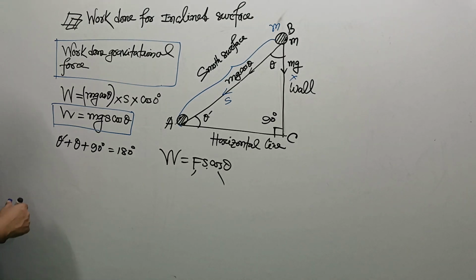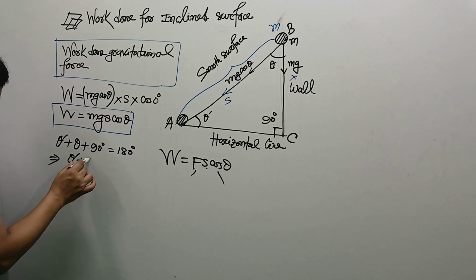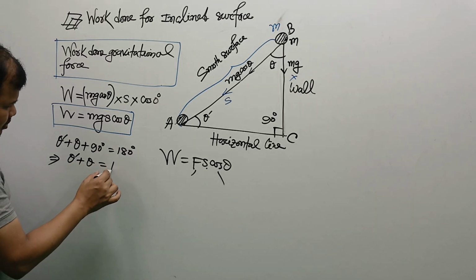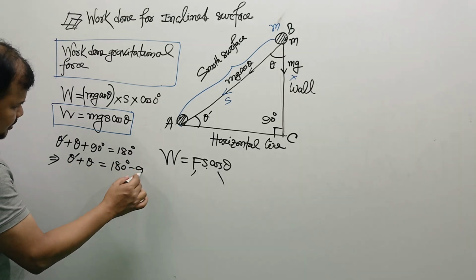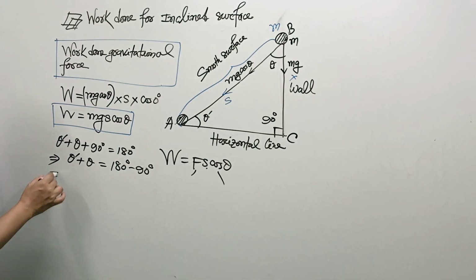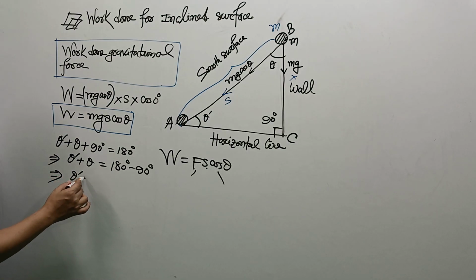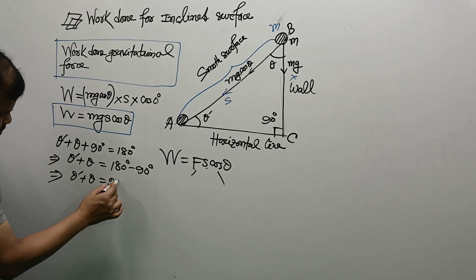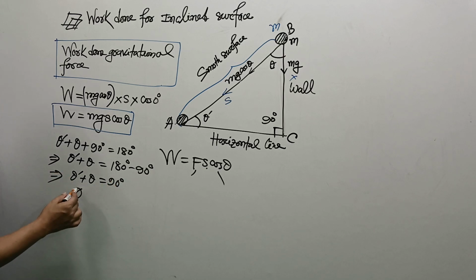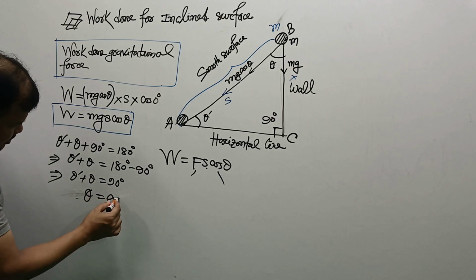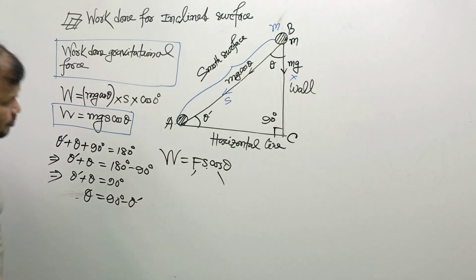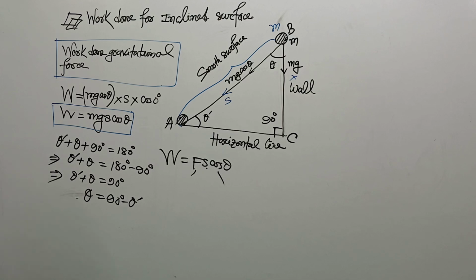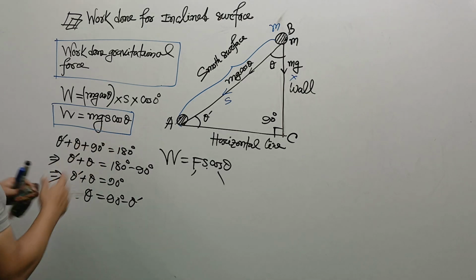Now our duty is to find the value of theta. Theta prime plus theta is equal to 180 minus 90. Theta prime plus theta is equal to 90, so we can find the value of theta. Theta will be 90 minus theta prime. Now we put the value of theta in this equation.